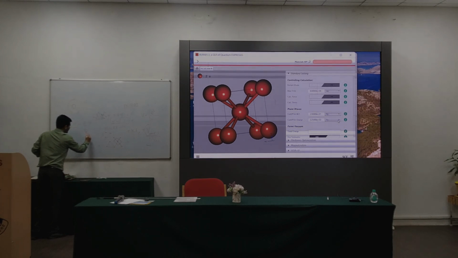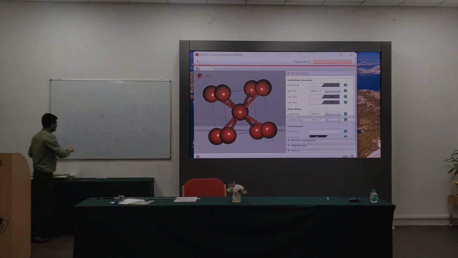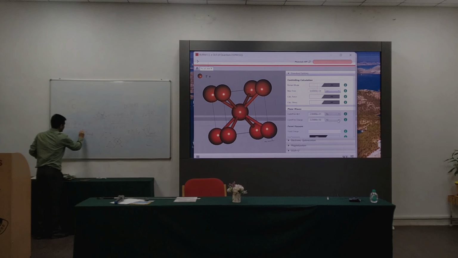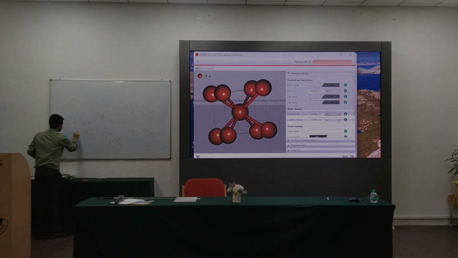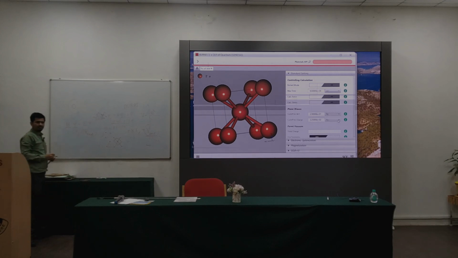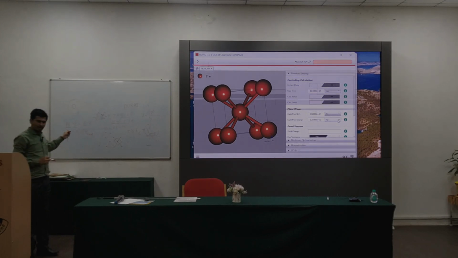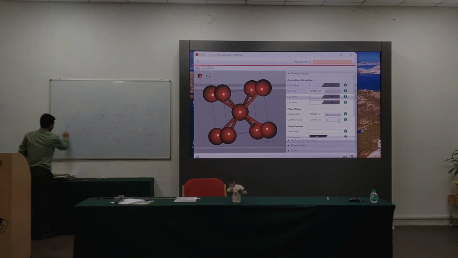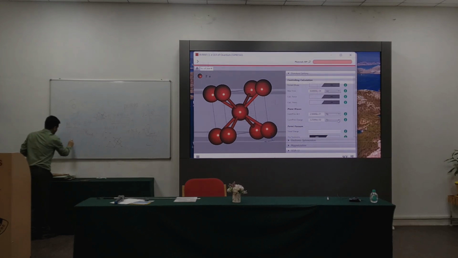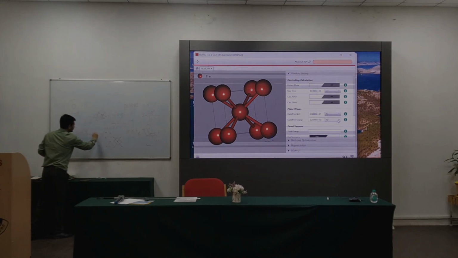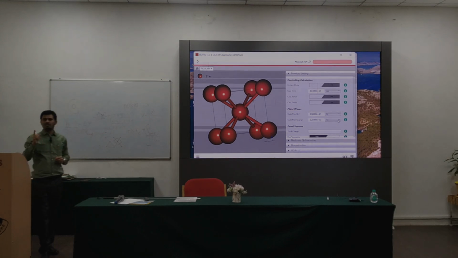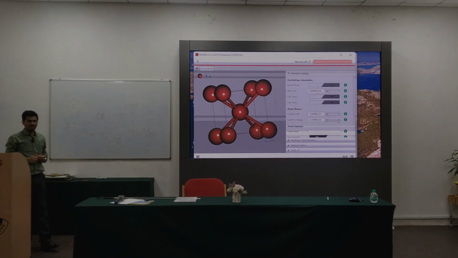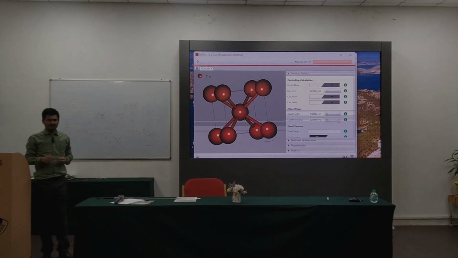Suppose this is my trial wave function, and I will take the expectation value of the Hamiltonian with respect to the trial wave function. Then I will take the derivative of this value with respect to psi and make it 0. That will give me the actual wave function of the system. That is called the variational principle. You have studied it.